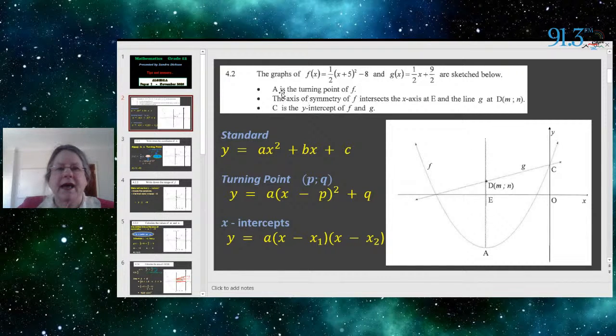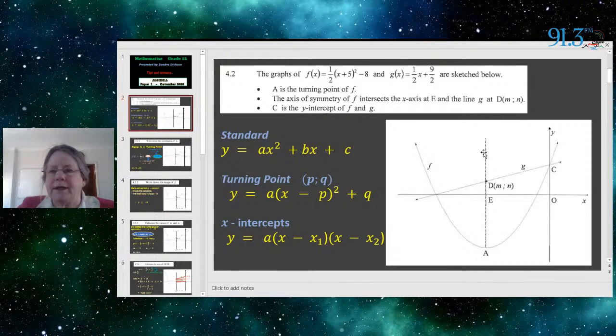They're telling us A is the turning point of graph f. They also tell us, that's another hint, the axis of symmetry of f intersects the x-axis at E, and the line g at D, with coordinates (m; n).